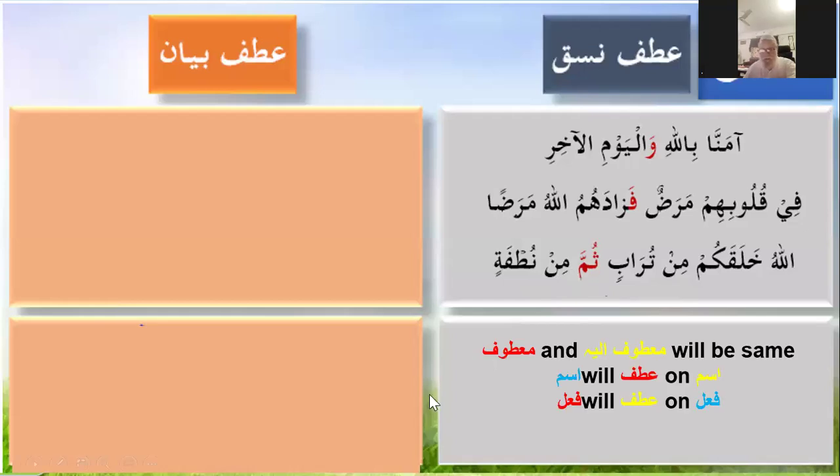So we can say matuf and matuf alayh will be the same. Ism will atf on the ism, fail will atf on the fail, harf will atf on the harf. Fail and ism can also be atf on each other, that is also possible in the case of atfe nasaq.